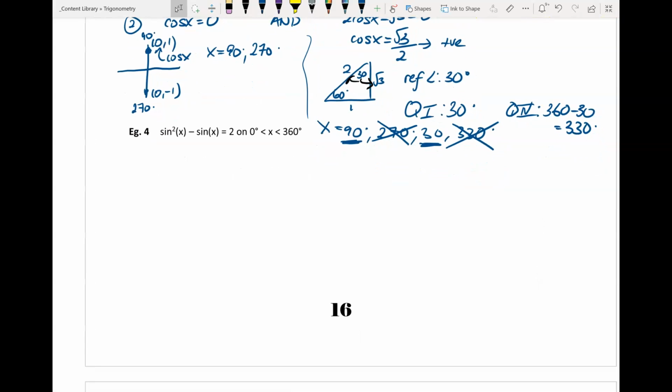Our last example here, you have sine squared x minus sine x equals 2. Just like in example 3, whenever you see a squared and then another trig term, you do need to factor. But because we have a 2 instead of a 0, I need to factor it a little bit differently than before. So in this case, I'm going to move everything to one side and then factor it.